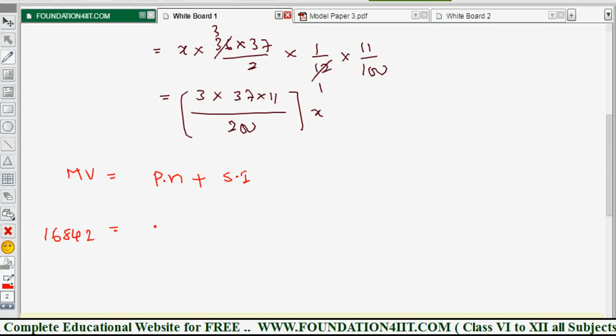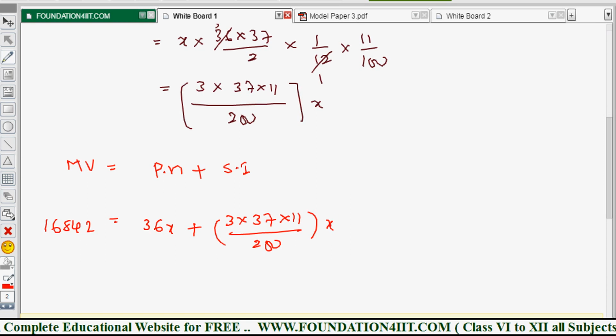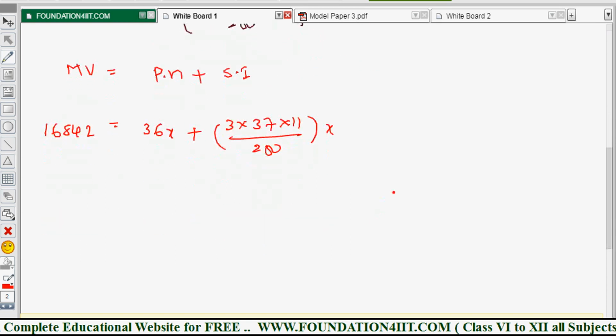Now P is x and n is 36, so 36x plus 3 into 37 into 11 by 200 into x is equal to 16,842. Just simplify this total.